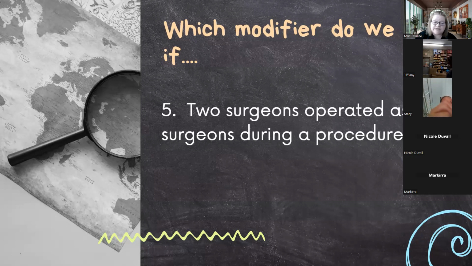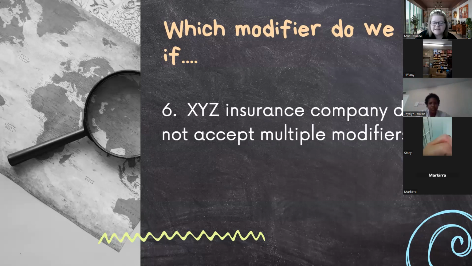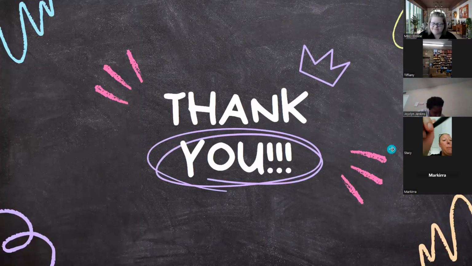Co-surgeons is the key word there, guys. All right, and last but not least, XYZ Insurance Company does not accept multiple modifiers. Which one do you use? 99. 99, that's right. Very good. All right, sweet.